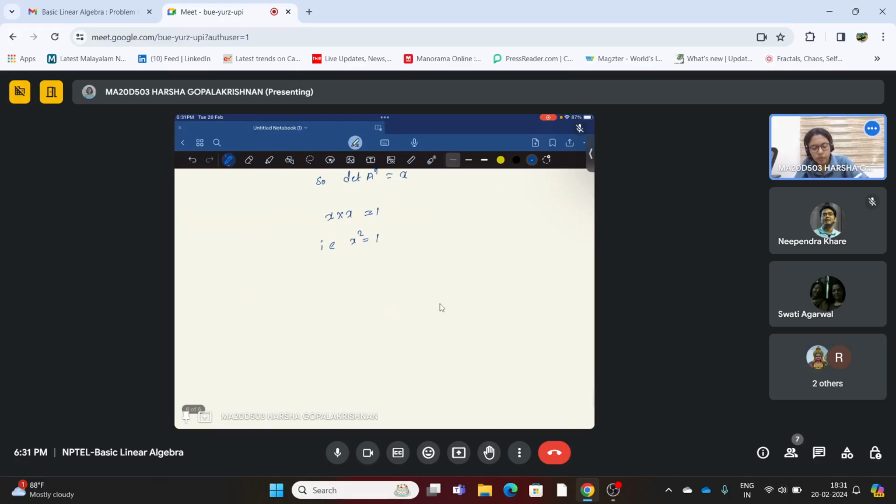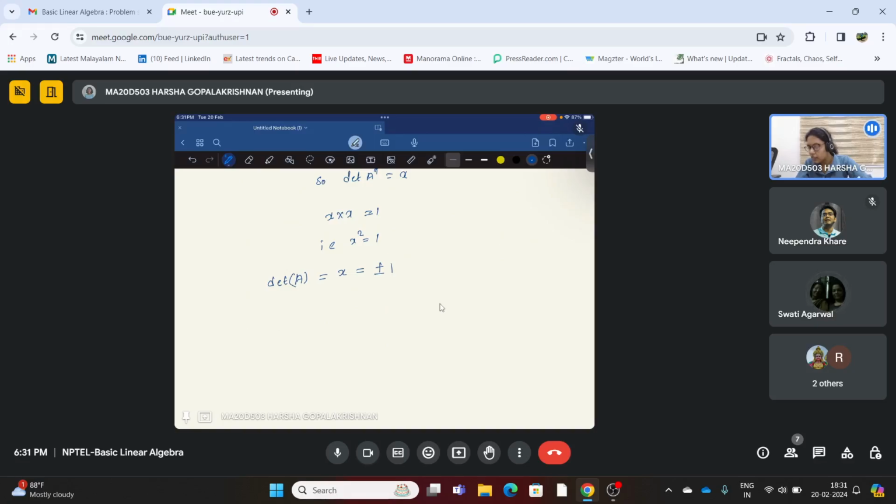So what can be the values of X? X square equal to 1 means it has only two solutions, plus 1 or minus 1, correct? So for an orthogonal matrix, determinant can be either plus 1 or minus 1.